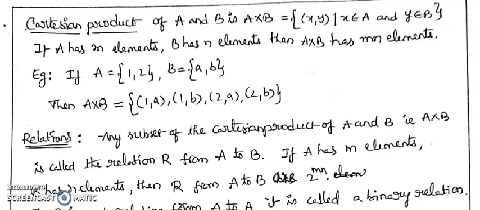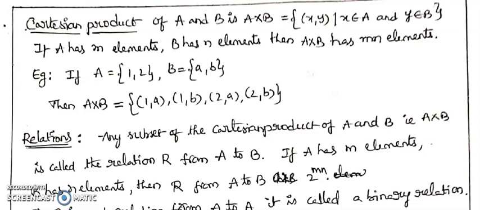Suppose the set A has m elements and the set B has n elements. Then the Cartesian product A cross B will always have m × n elements. For example, if A has 2 elements and B also has 2 elements, then the Cartesian product will have 2 × 2 = 4 elements.